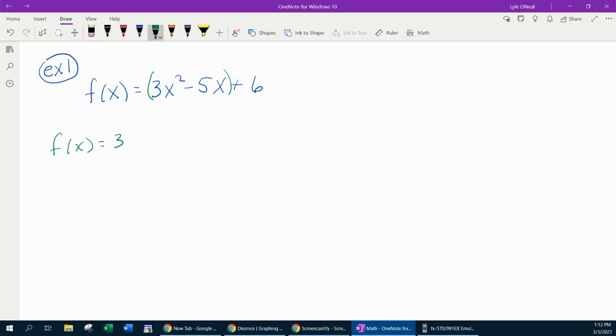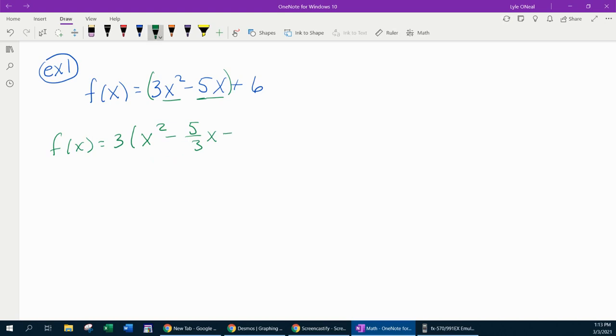So let's factor out the 3 from the first two terms. That's going to leave me with x squared minus 5/3 x. And you'll see if you distribute that 3 back in, the 3's will cancel and leave you the -5. So that is factored out correctly.